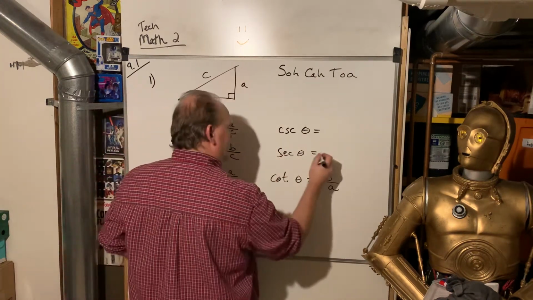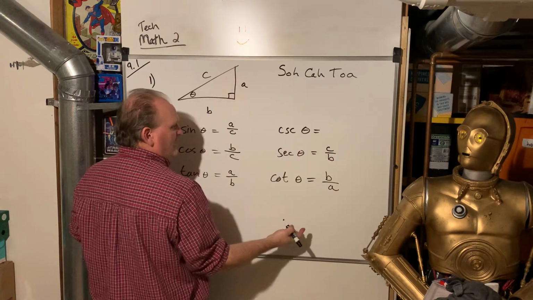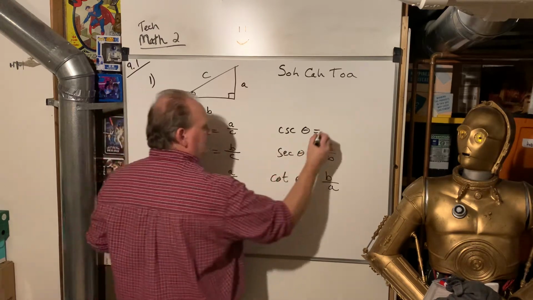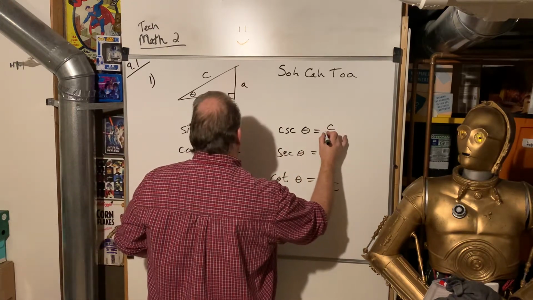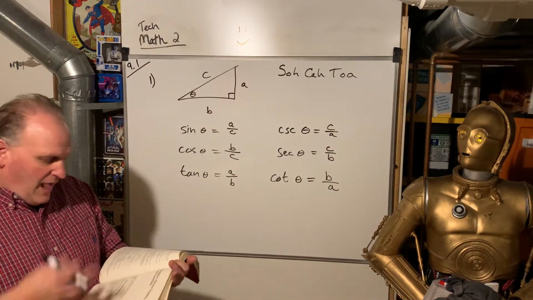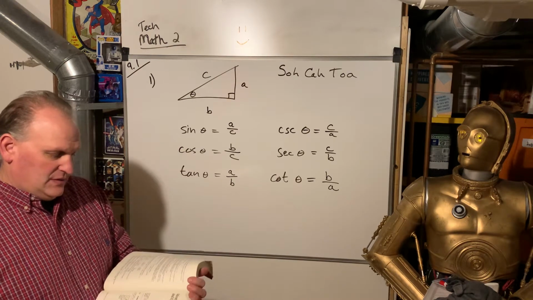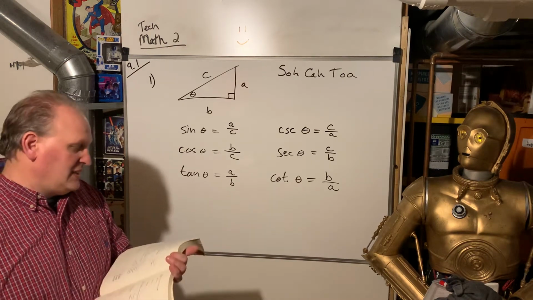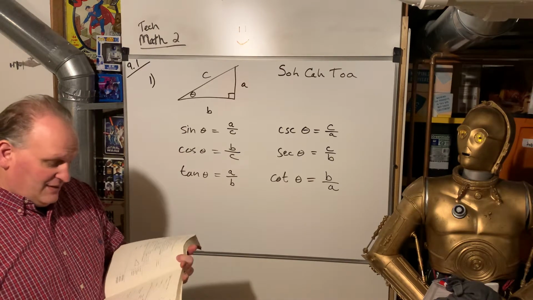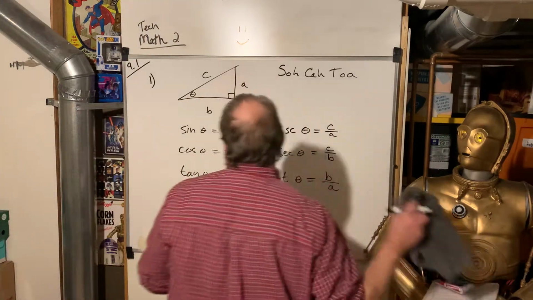And so that's C over B. And then cosecant is the one that's left. If you have cotangent, secant, and then cosecant is the inverse of sine. So C over A. All right. So those are the 6 trigonometric functions. That's quite the mouthful. All right, so let's take a look at number 6 next.